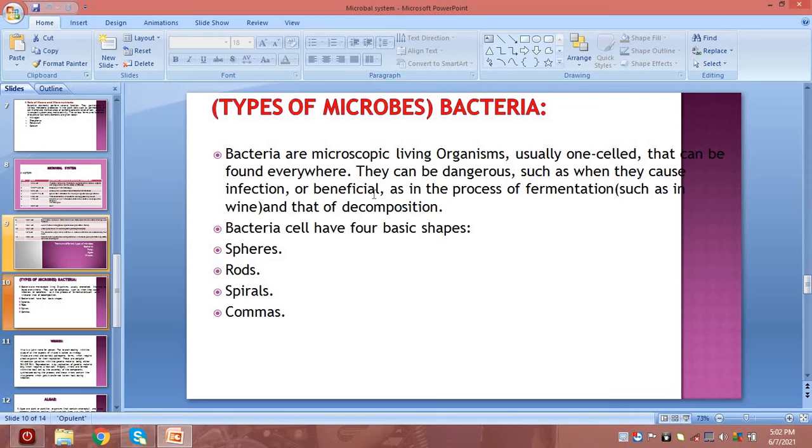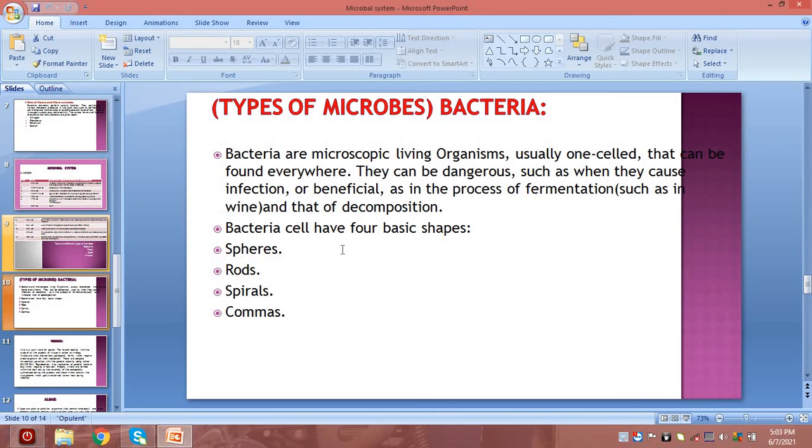Useful or beneficial at the industrial level, in the process of fermentation, for example in the production of wine, and also in the process of decomposition. Degradation is nothing but the breaking down of complex materials into simple ones, and in the soil this is done by bacteria.